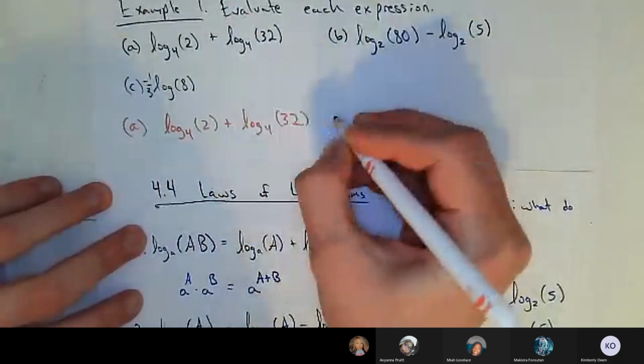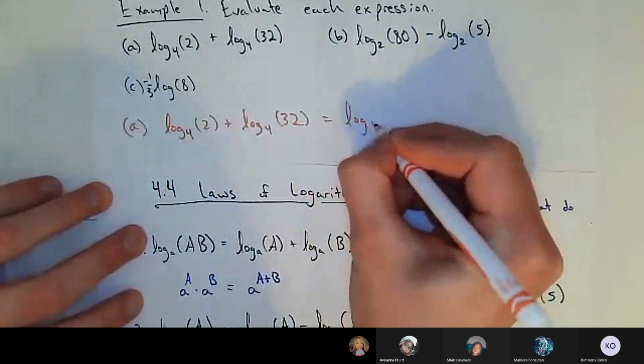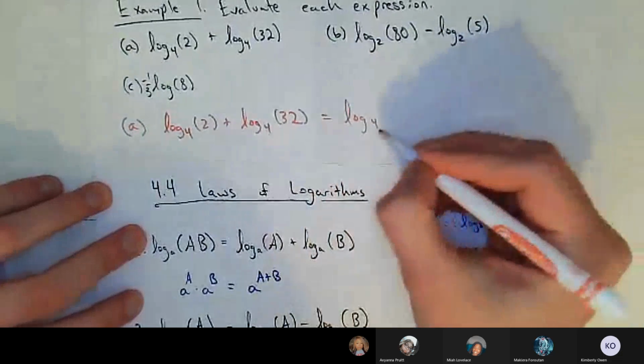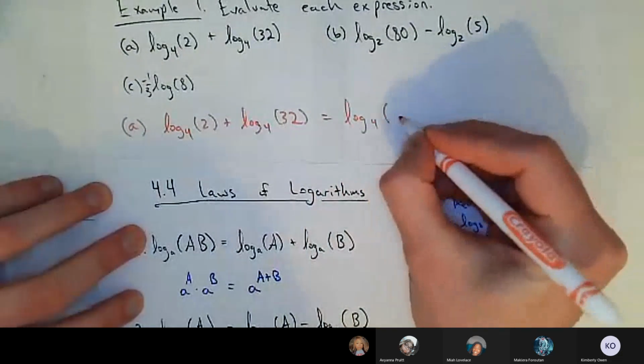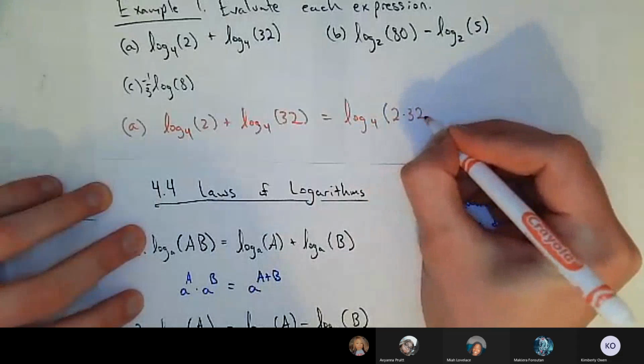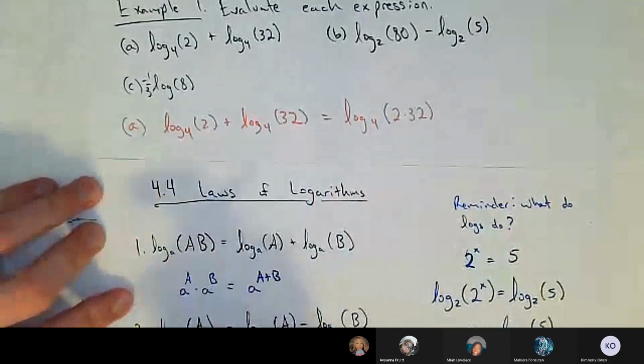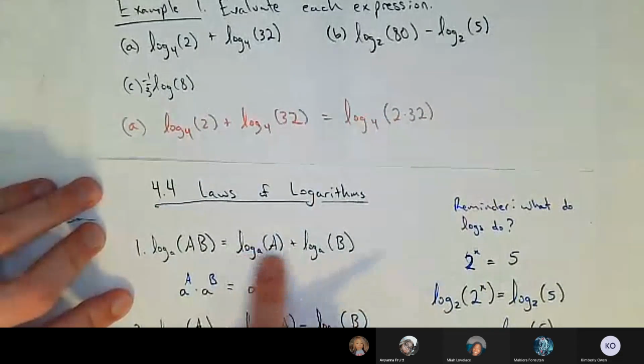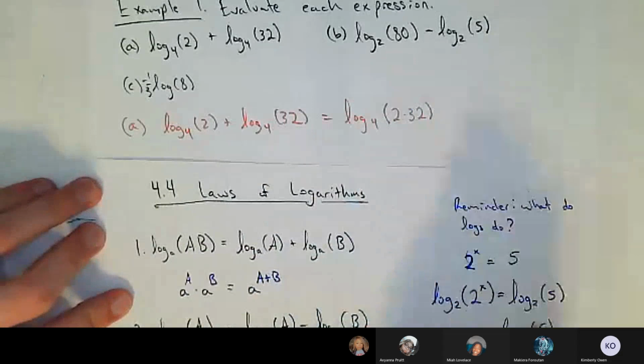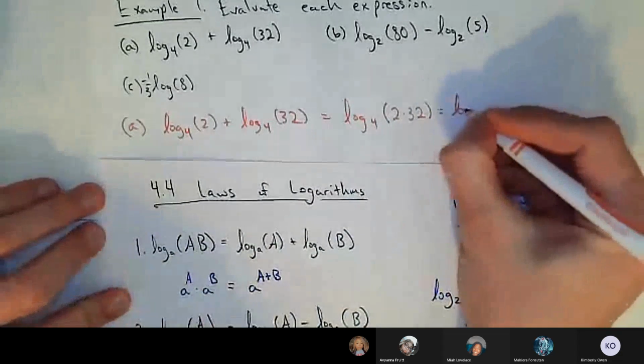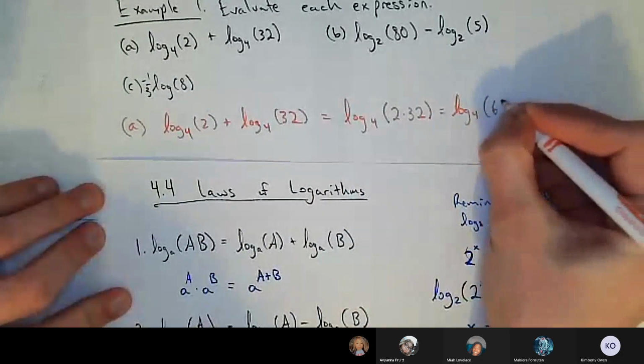You can stuff them together and say that it's the same as log, same base, therefore, of 2 times 32. I'm using this law in reverse, right? Going from sum outside to product inside. And then, of course, this is log base 4 of 64.